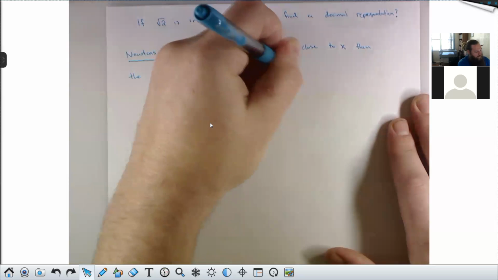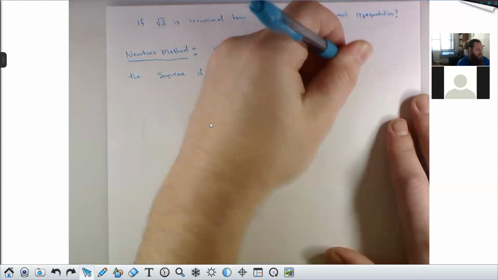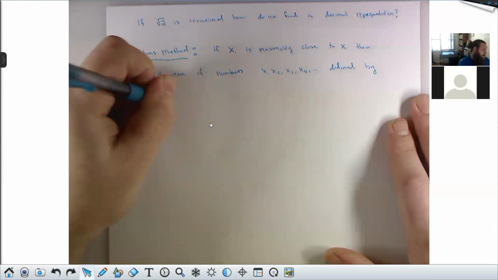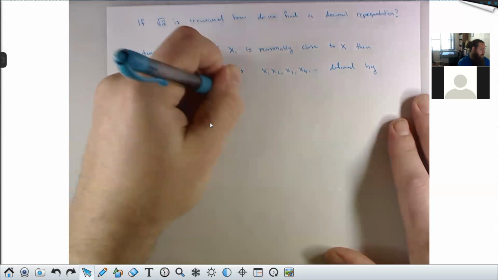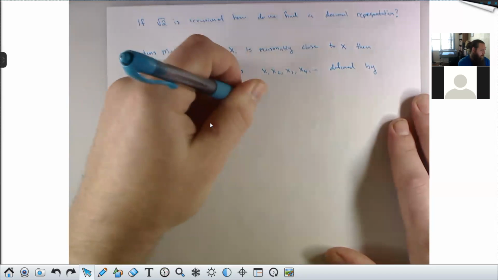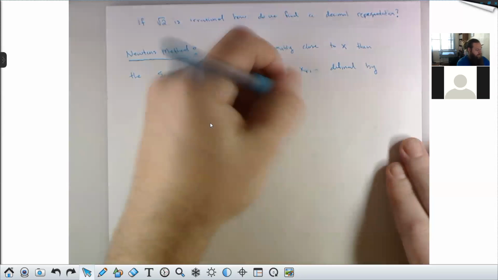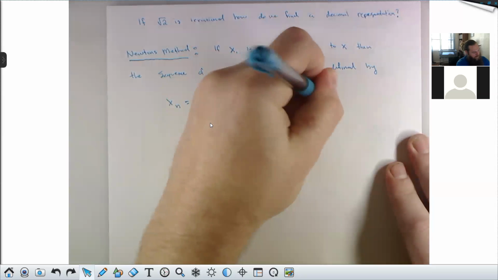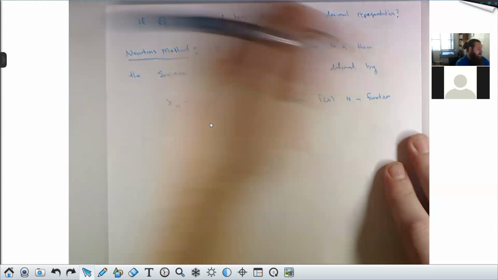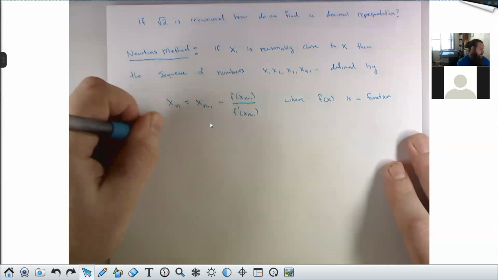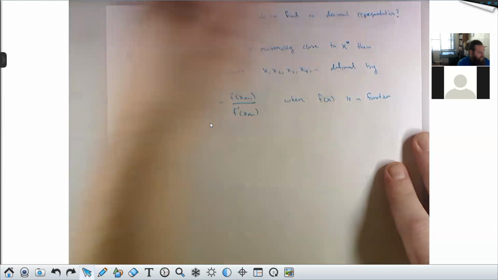x1, x2, x3, x4, and so on, defined by the rule xn is equal to xn minus 1 minus f of xn minus 1 over f primed of xn minus 1, where f of x is a function with a root, well, let me call it reasonably close to x star, so I can make this special.